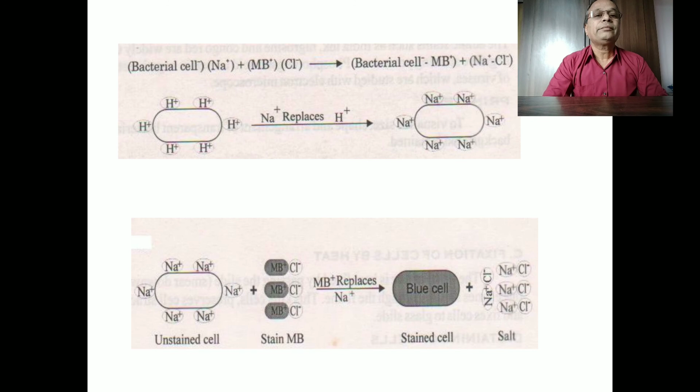So one can say that cells are colored or stained in positive staining because of ion exchange reactions, and these ion exchange reactions take place between the cell surface and the stain molecules.